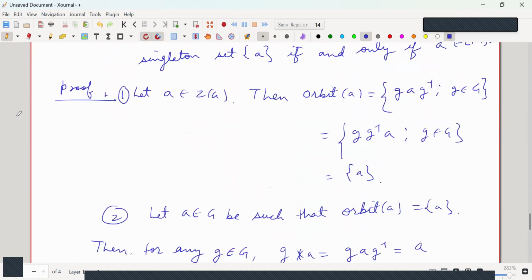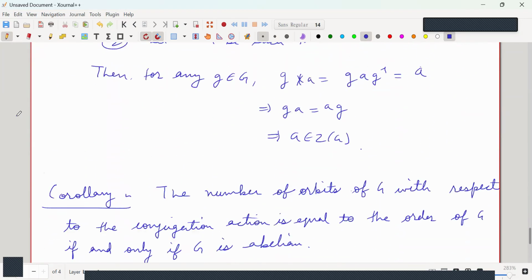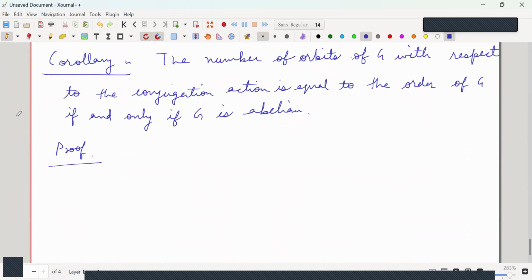And it comes directly from this claim. You know how?